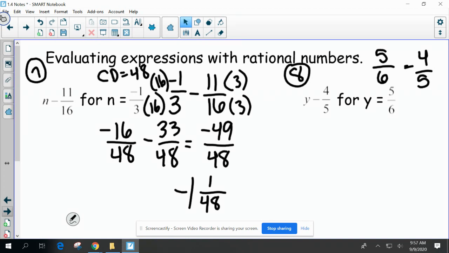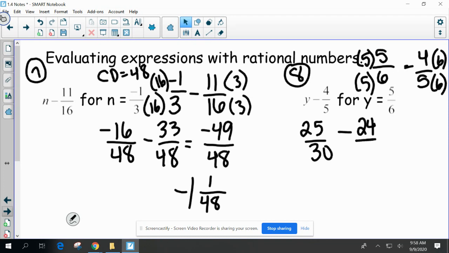So I need to multiply 5/6 times 5 and 4/5 times 6. And I would end up with what? 1/30.